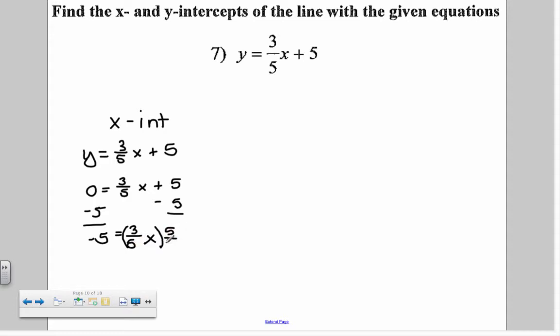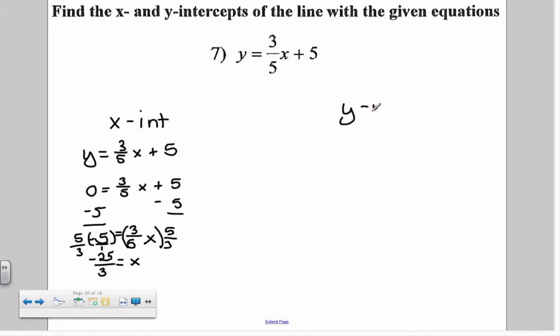So I am going to multiply both sides of this equation by 5/3. On this side, 3/5 times 5/3 is 1, so on my left is 1x, or just x. And on this side of the equation, I have -5 times 5, which is -25. And then I can always think about this -5 being over 1, so 3 times 1 is just 3. So here, my x-intercept is -25/3.